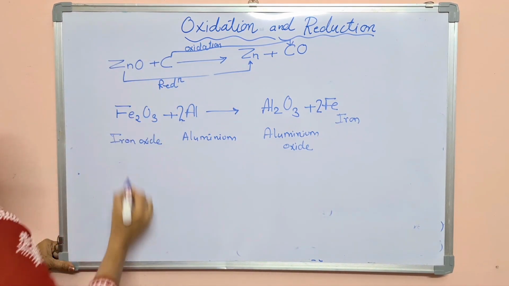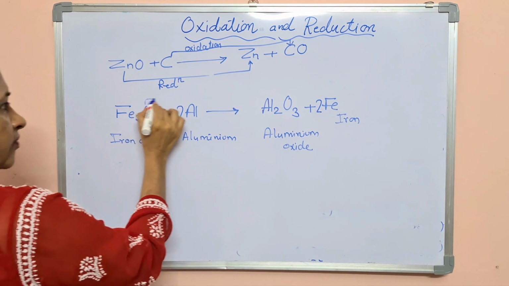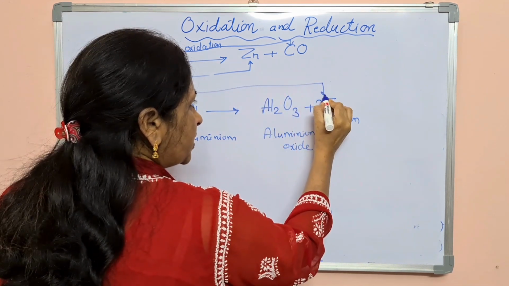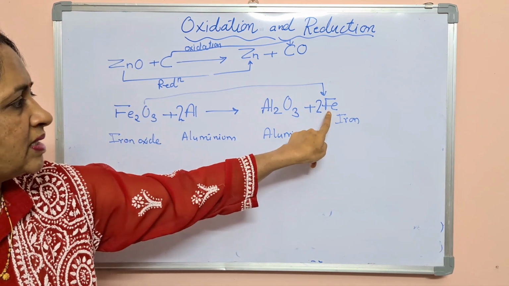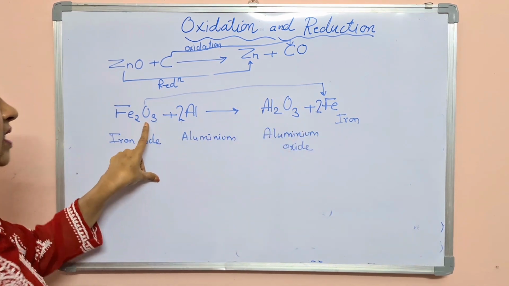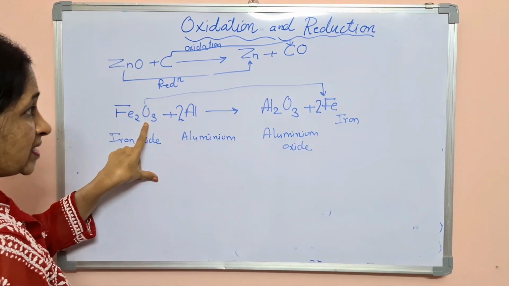So when aluminium is added to this iron oxide, it is converted into iron. So no more oxygen is there with the iron. So this is removal of oxygen.